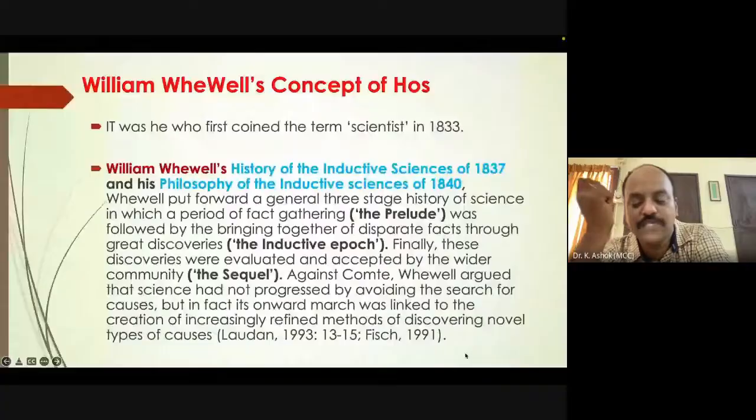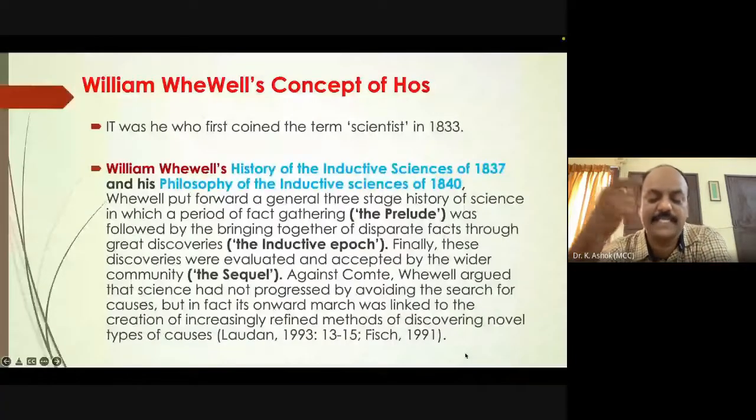They replaced it with the heliocentric theory, where the sun is at the center and the other planets revolve around the sun. So science is possible by discovering new factors and causes for an event.